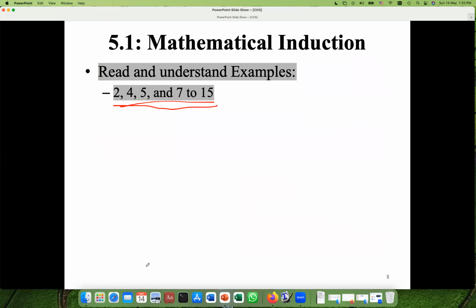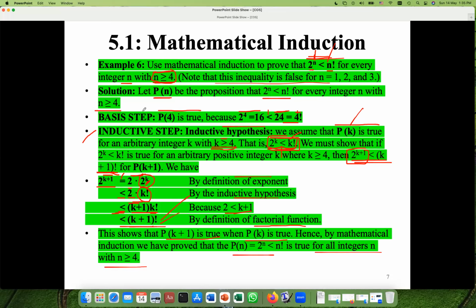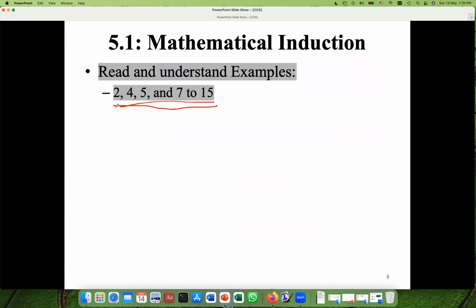And now these are the examples in the book which I have left. So you have examples 2, 4, 5, and 7, and then 7 to 15. These are consecutive examples in the book with illustration and solution.